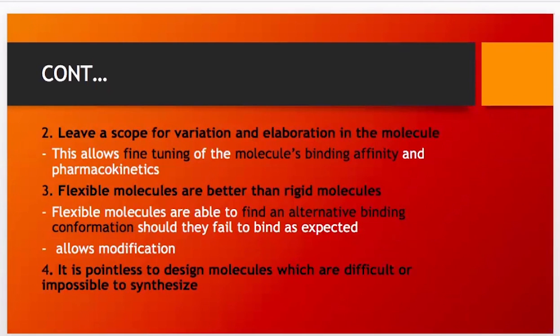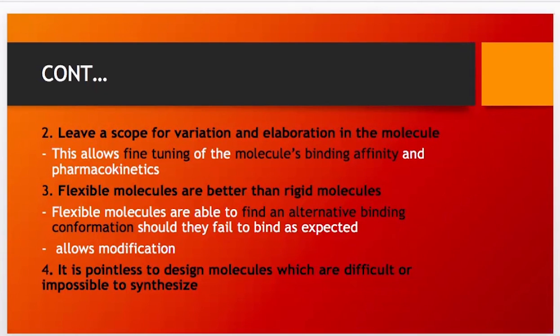And then the second thing to take note of is that you have to leave scope for variation in the elaboration of the molecule. This one applies to the first point. This is also helping out in the binding affinity, and when you have to talk about issues of pharmacokinetics.